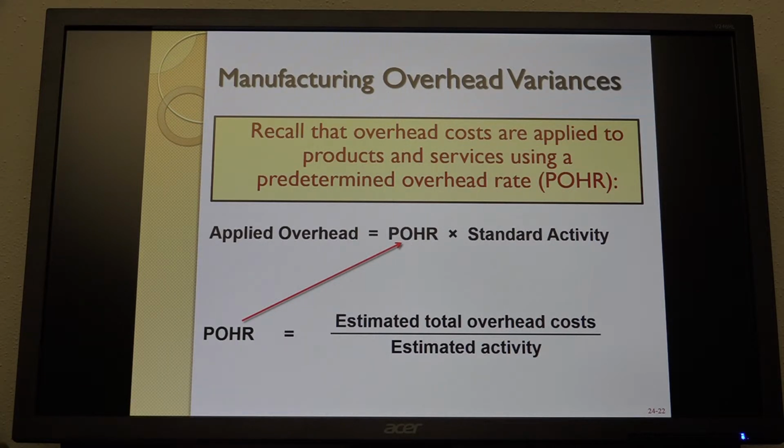And so after you figure that out, to figure out the overhead that you apply to each unit of product, you multiply the POHR times the standard activity.